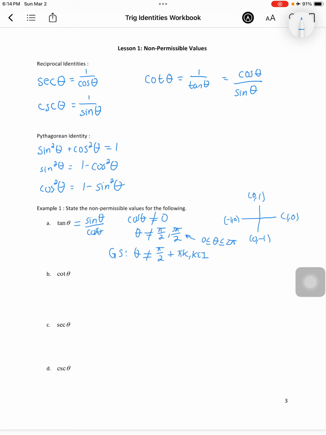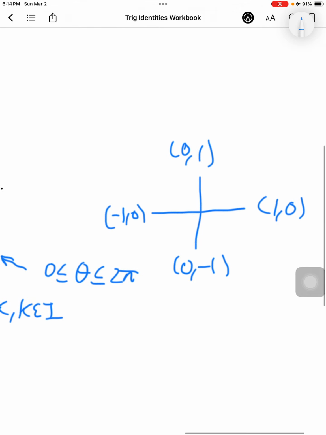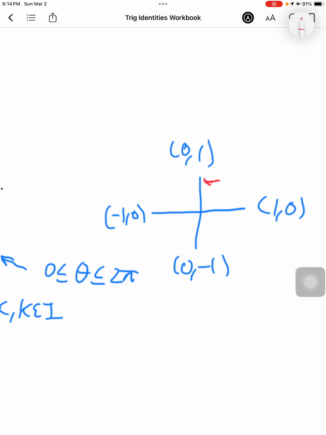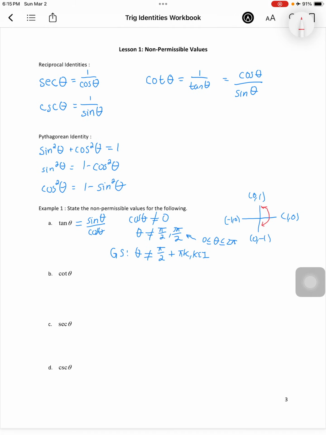But if you think about it, looking at our little coordinates here, the distance between these NPVs is half a revolution, or half a circle. It only takes pi degrees, or pi radians, to get from one to the other. So in order to address both of the NPVs here, for each revolution, it's only pi k.